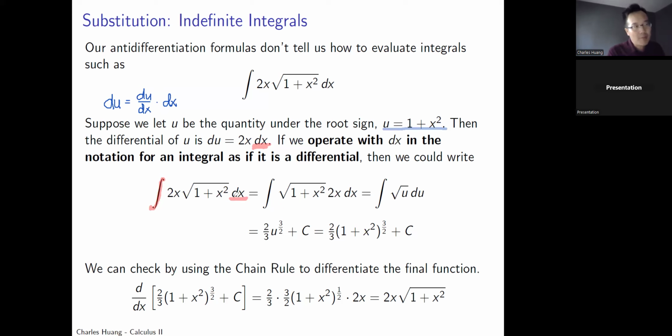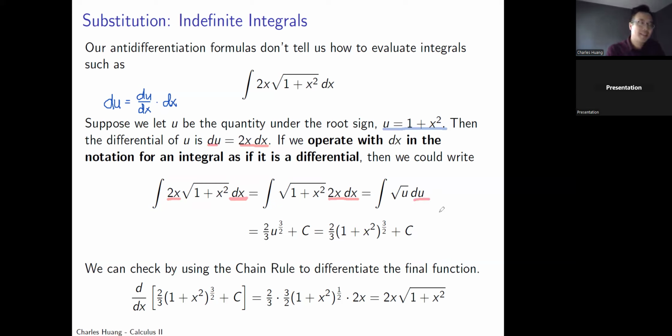But the reason why we write dx here is because if you treat dx like the differential here, and if I substitute directly, then I can say, look at the 2x and dx that I have. Well, the 2x dx that I have is du, right? So I can turn that into du.